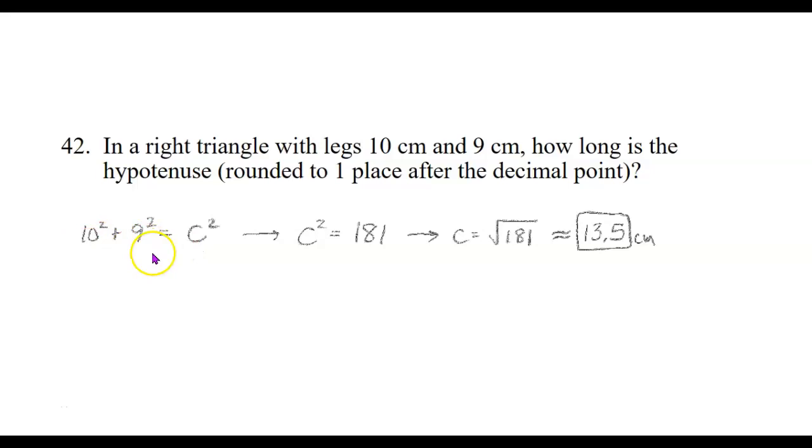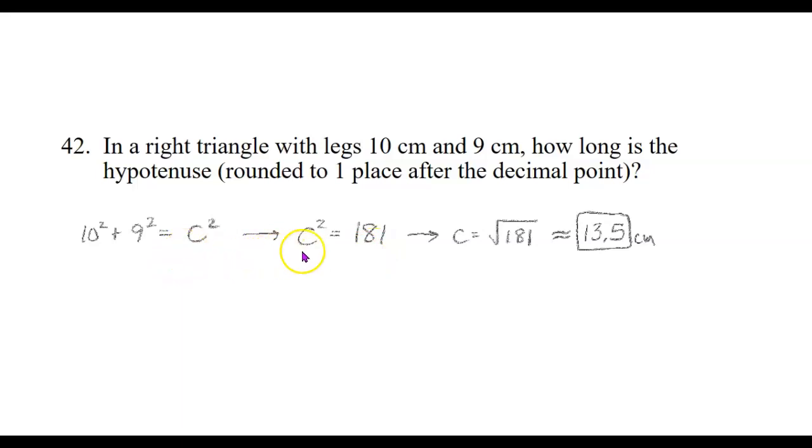And the a and the b stand for the legs, how long the legs are. And we do know those numbers, 10 and 9. So 10 squared plus 9 squared equals c squared. 10 squared would be 100, and 9 squared would be 81, and then 100 plus 81 would be 181.